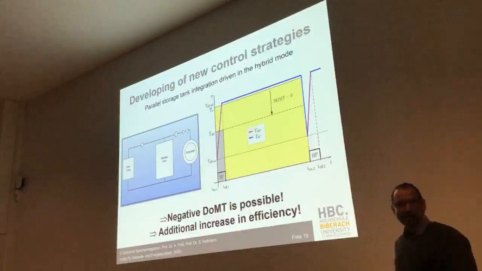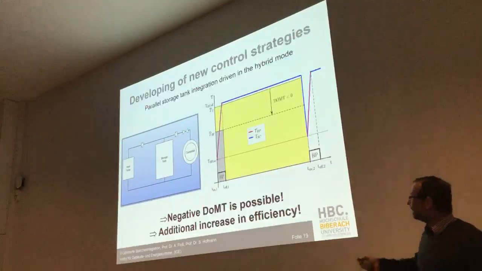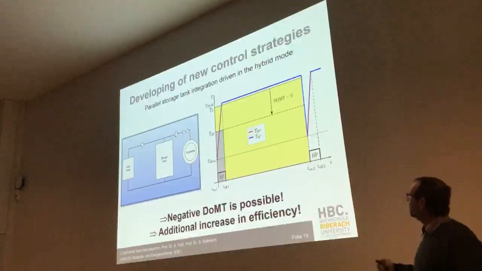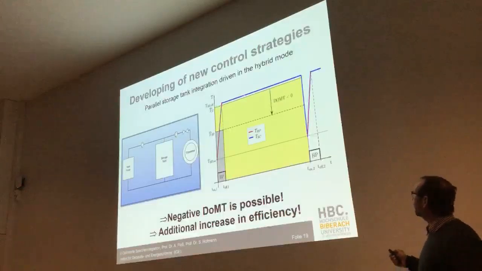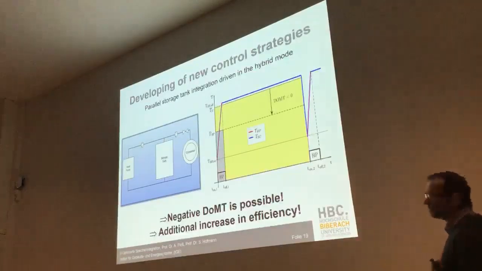If you are now going to discharge the tank as a stratified tank, if you have a low flow rate in the consumer loop, you have a constant temperature as a supply temperature until the storage tank is empty. And then the temperature drops down immediately.